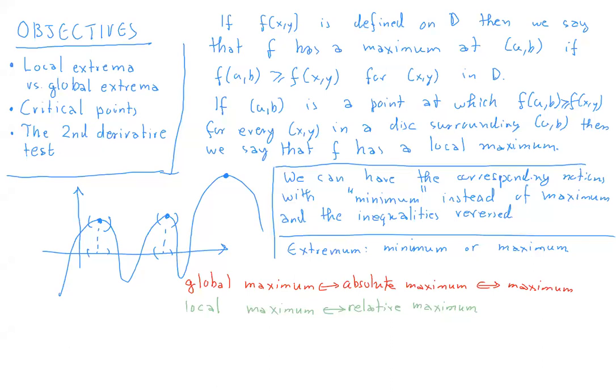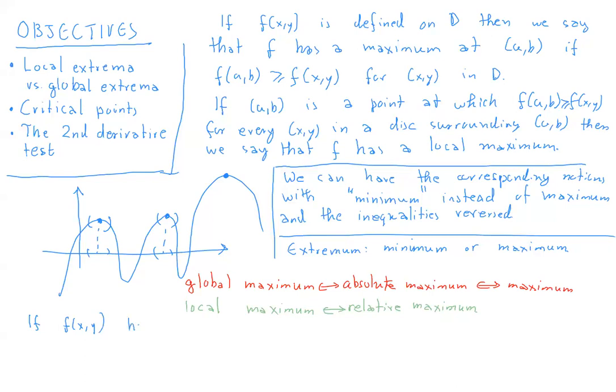But the points that are easier to detect are the local maximum and the local minimum if they happen to exist. In fact, it turns out that if a function, again, let me state this for two variables, but it's true for more variables.